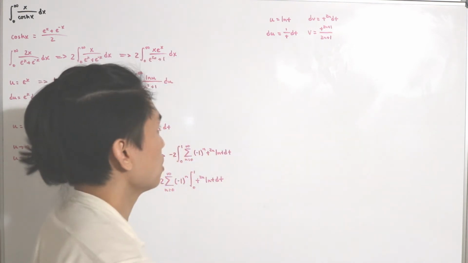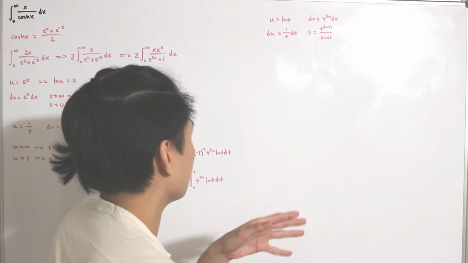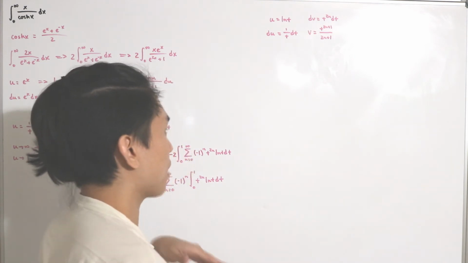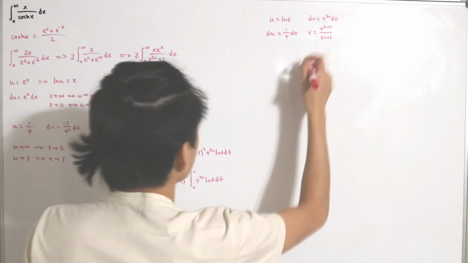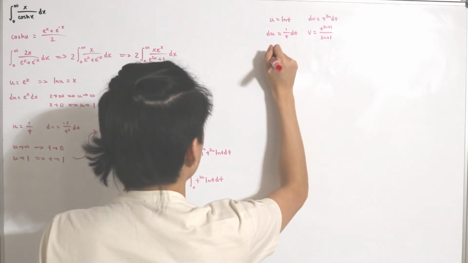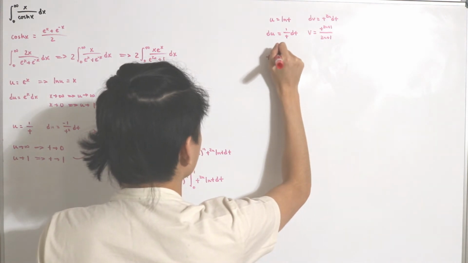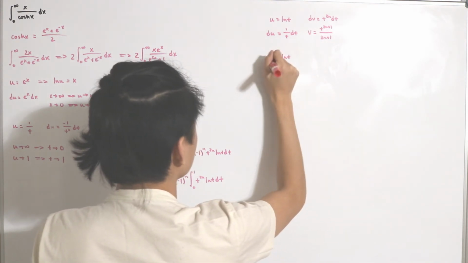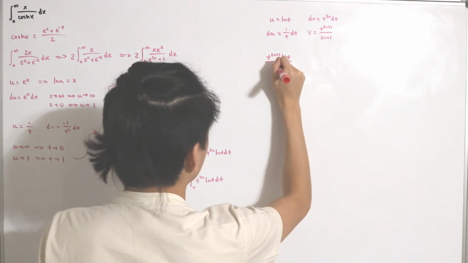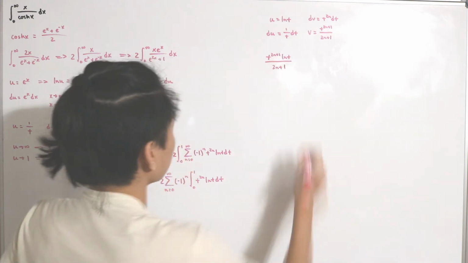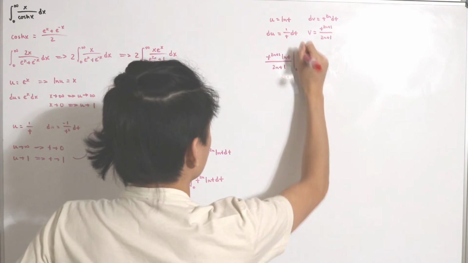Now the integration by parts formula is u times v, then subtract the integral of v times du. So let's start little by little. Let's evaluate u times v from 0 to 1. When I multiply this together, we have t to the 2n plus 1 ln of t, divided by 2n plus 1, evaluated from 0 to 1.